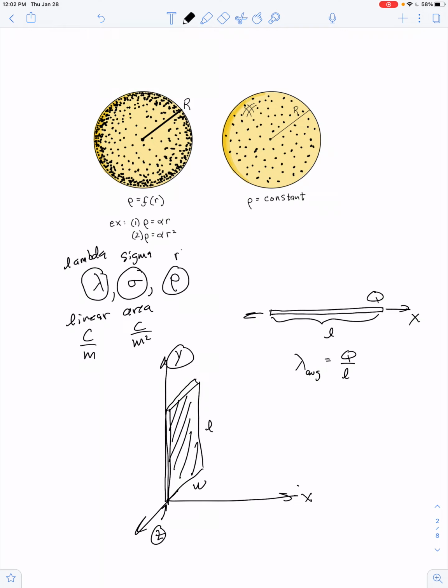Lastly, we have the Greek letter rho, which represents a volume charge density in coulombs per, yeah, you guessed it, cubic meter, which is exactly what we'll be dealing with in this video lesson because our charges are 3-dimensional spheres. So if this value of rho is uniform, that's another way of saying it's constant throughout the entire volume. So imagine making a big ball of cookie dough, right?